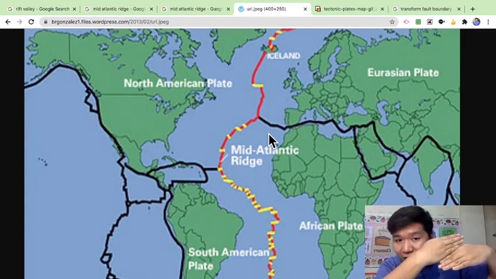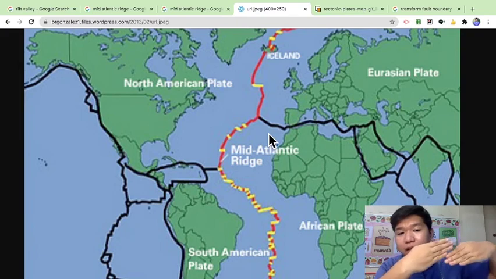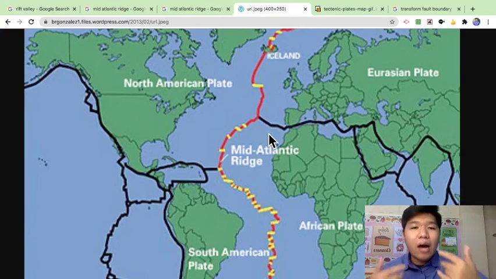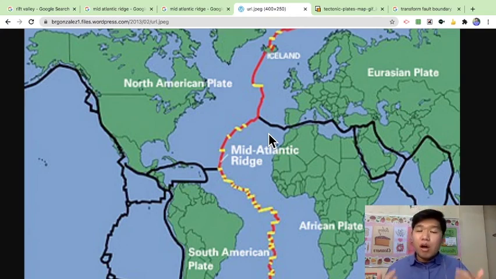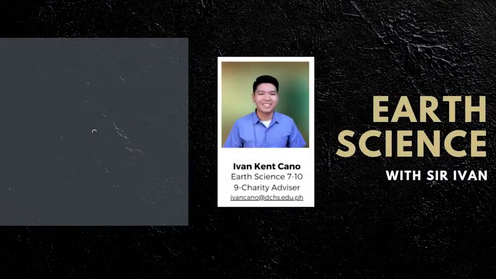They will break and cause a lot of vibration. Something like that. Like when I'm pushing my two fingers against each other, and then suddenly when my fingers cannot hold on to the pressure anymore, they suddenly move in a very big motion. That is how strong earthquakes are created. And one of the many ways a very strong earthquake can be created is through a transform fault boundary.